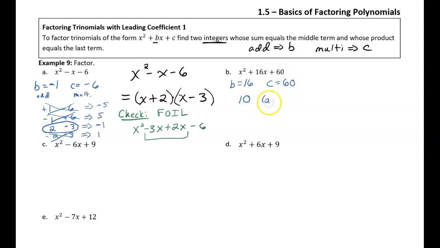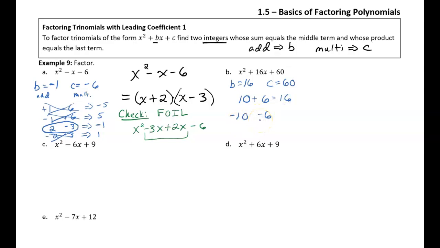Both will be positive, but maybe they're both negative, right? A negative times a negative will also give me a positive. That could be a possibility. Let's check these two to see if it adds to the right value. I want to add to be a positive 16. So 10 plus 6 does give me that positive 16.